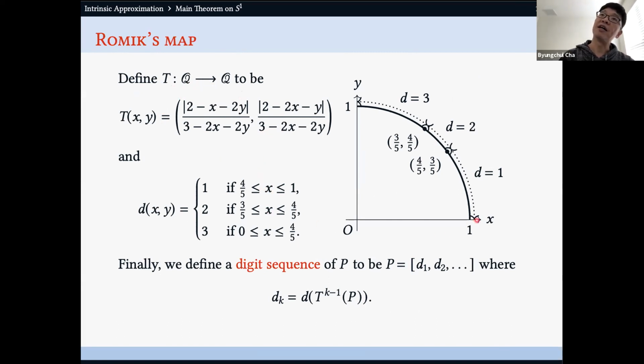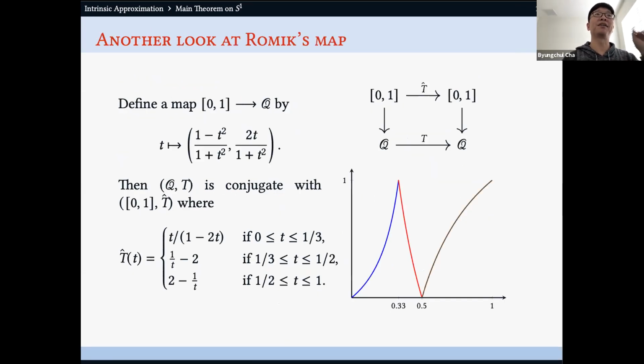And then you define your digits D1, D2, D3 this way, and then you iterate your map T, and that's how you define your digit sequence, okay? So this is all done by Romik. And my talk is going to be mostly number theoretic stuff, but I will try to throw in a little bit of dynamics here for other people.